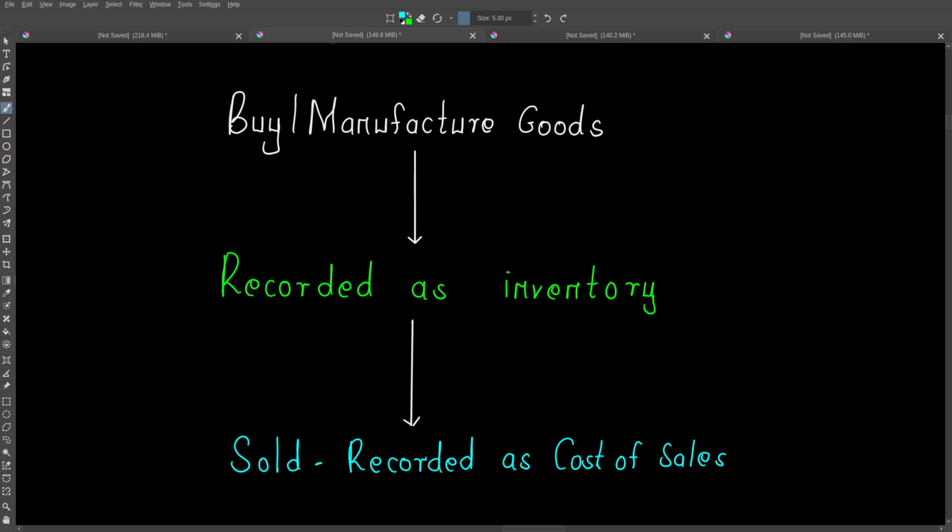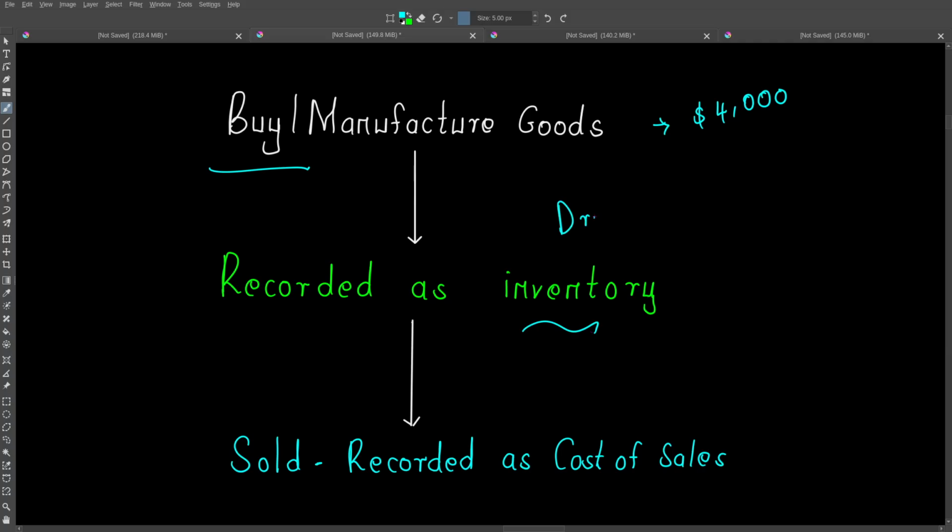So you've gone, for example, as a business, you've bought goods worth $4,000, okay? So as at that particular point, what do you record? You record that as inventory. That is your stock. It is sitting whether in your shelves or in your warehouse. That is inventory. How do we record the journal entries for this?